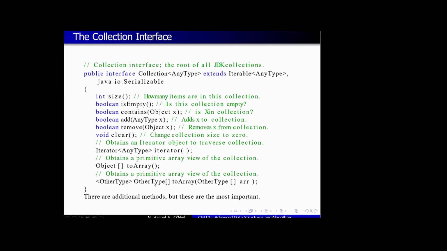This other one is usually the better way to do it, which has generic typing. But in order to use this one, you have to pass in an array of that other type. So maybe you don't have to worry about these to start with. These are the most important ones. Any questions on this?